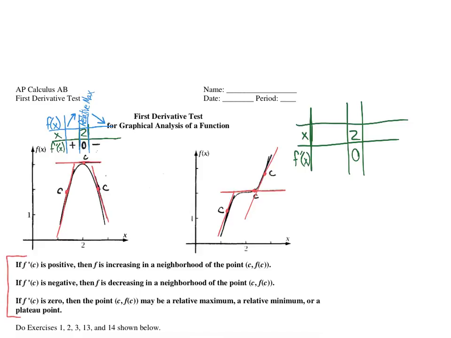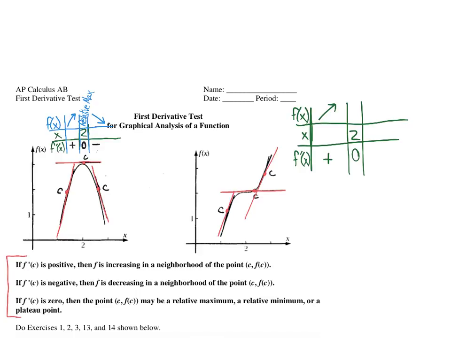It's positive. It's going up, right? So our function is doing what at this point? Increasing. We can just draw the arrow if we like. It's increasing.